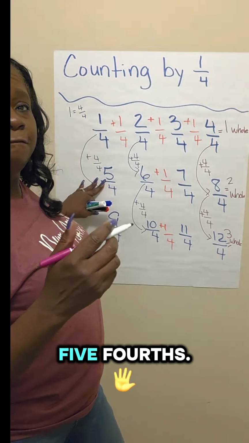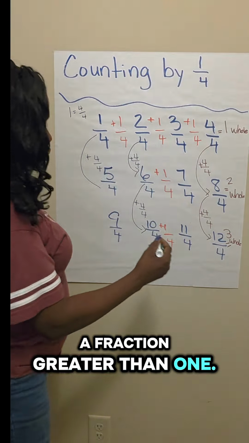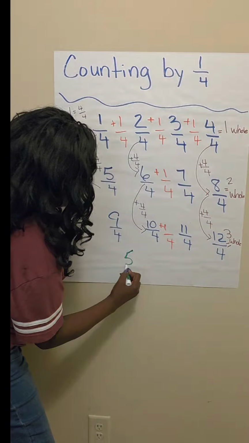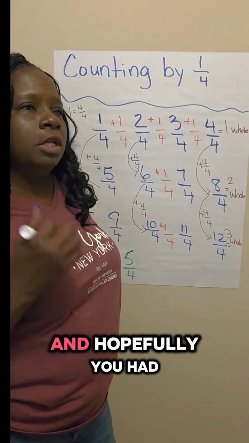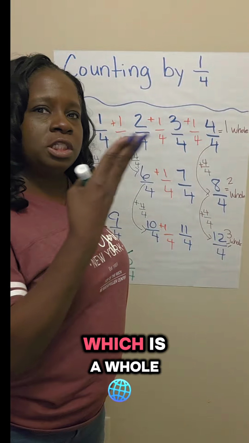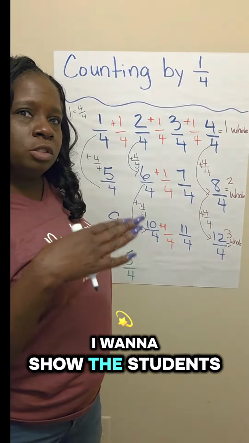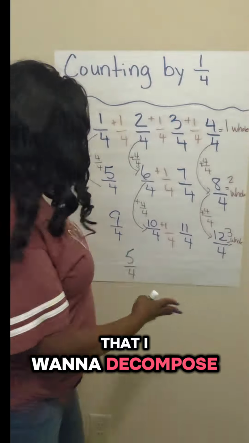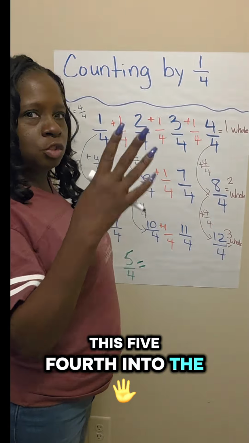So let's look at 5/4. 5/4 is considered a fraction greater than 1. So I'm going to write it here. And we want to write that as a mixed number. And hopefully you had a conversation about the definition of a mixed number, which is a whole number and a fraction. So I want to decompose this 5/4 into the 2 parts.